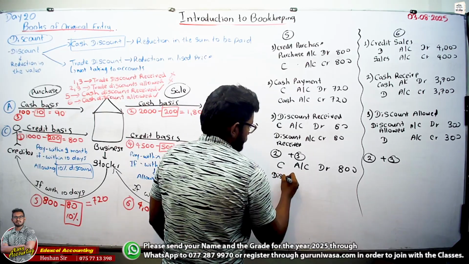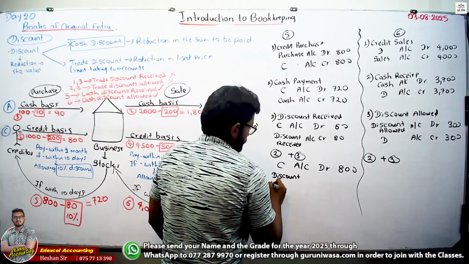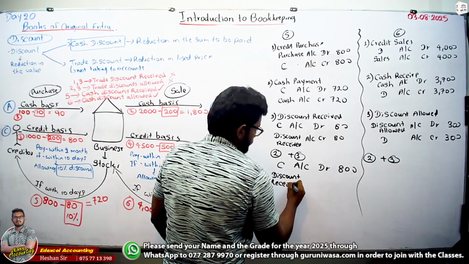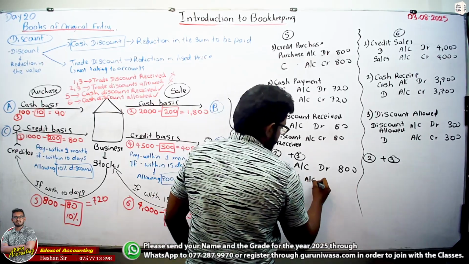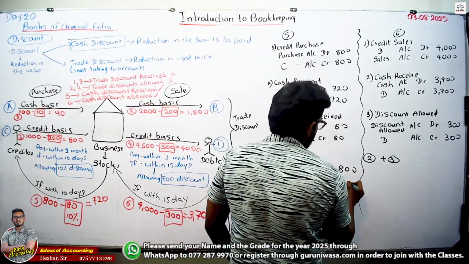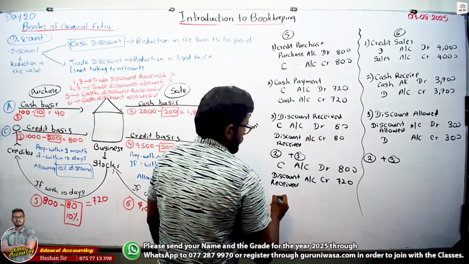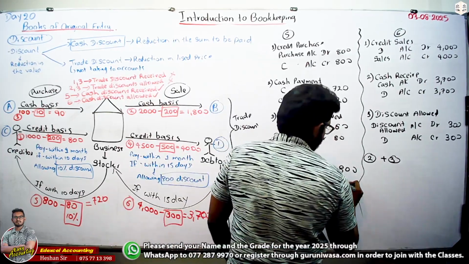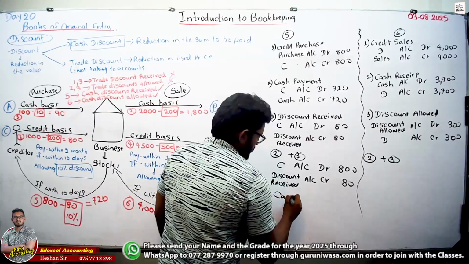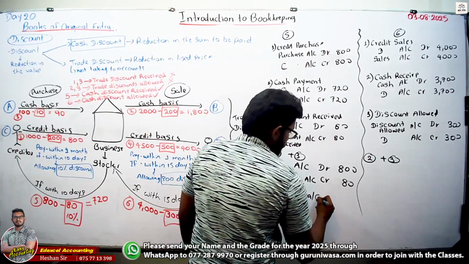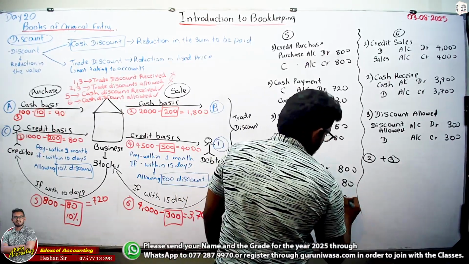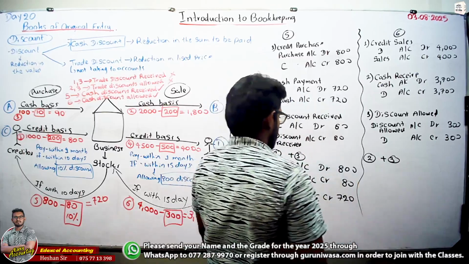Discount received account credit 80. Cash account credit 720. Right.